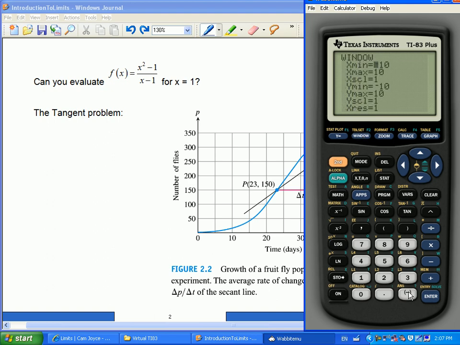So my window, I'm going to go from like -2 to, oops, sorry, I don't need to go from -2. Let's go from 0 to 2. Ah, so do you see what the calculator did to cheat? Can you see right there?